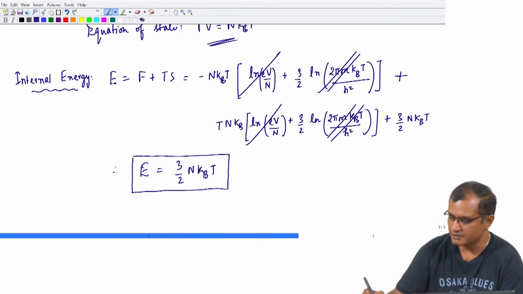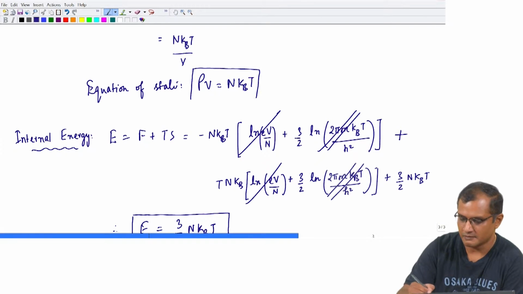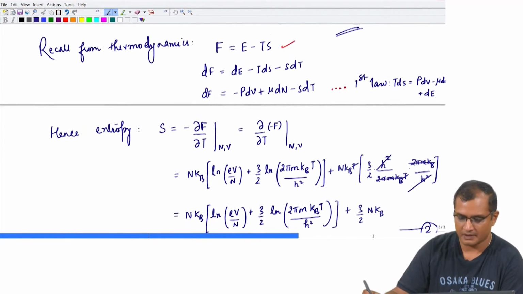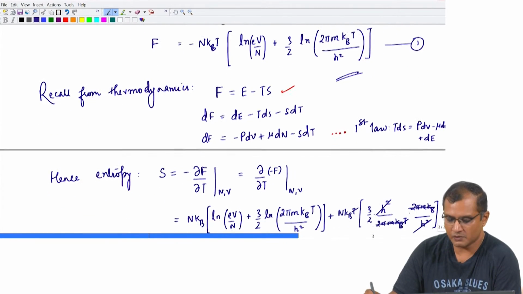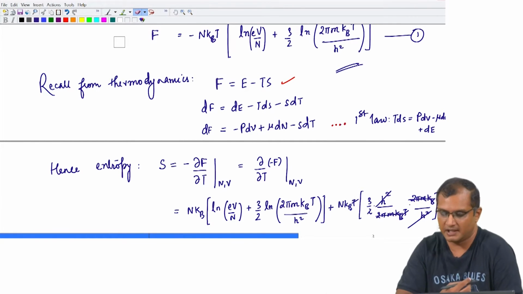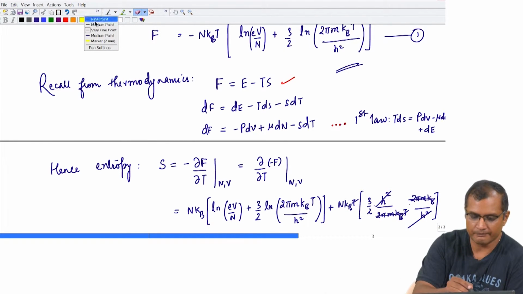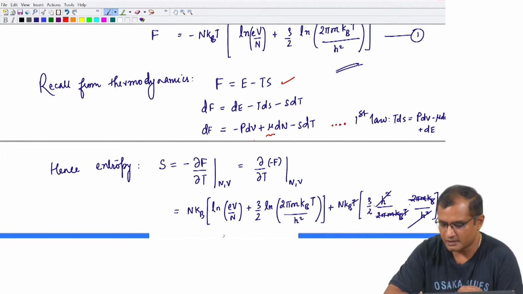We have already obtained the equation of state, which is PV equals nkT. We have also obtained the entropy, and the free energy was already obtained to build the connection with thermodynamics. Now, what you can also obtain, if you look at the incremental free energy, is the chemical potential of an ideal gas under NVT conditions. If you look at this relationship, you can write down mu as dF by dN at constant volume and temperature.